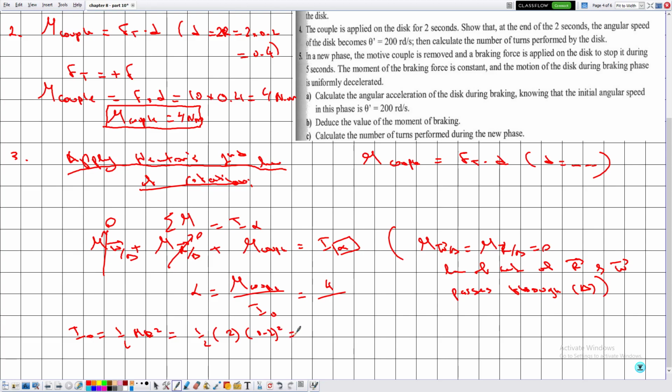Let me calculate this value on the calculator. Which is given by 0.04 kilogram meter square. So the moment of inertia is equal to 0.04 kilogram meter square.